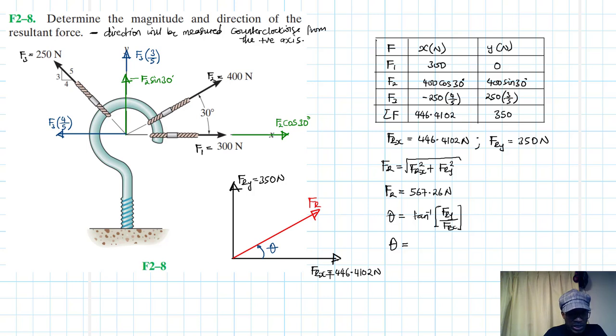Tan inverse of that, we have 38.1. Okay, I think we are done. We have the resultant. This is the magnitude of the resultant force, and we have also the direction measured clockwise with reference to the positive x-axis.